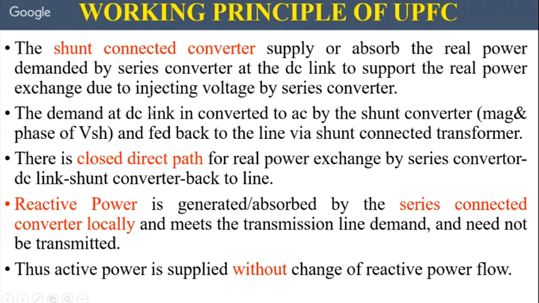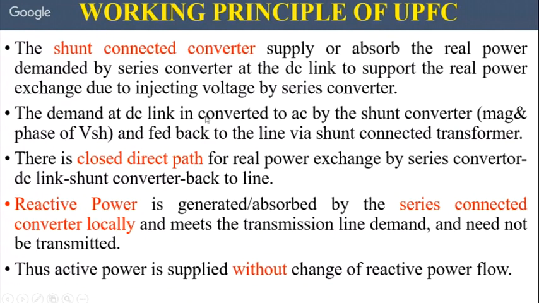That means, suppose the DC link is charged and has higher voltage, the shunt connected converter will give such a pulse that the excess of the real power will be fed back, because it also maintains the balance of the capacitor voltage. So the shunt connected converter supplies or absorbs the real power demand of the series converter at the DC link to support real power exchange due to injecting voltage by the series converter.